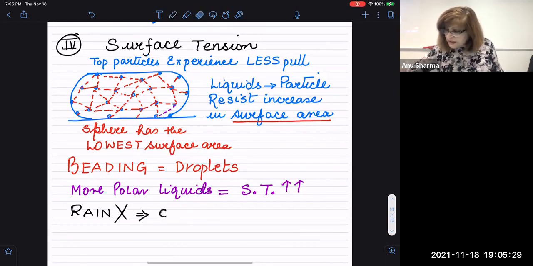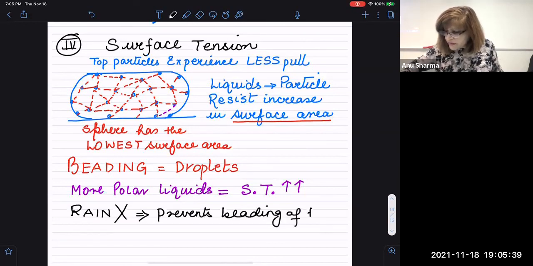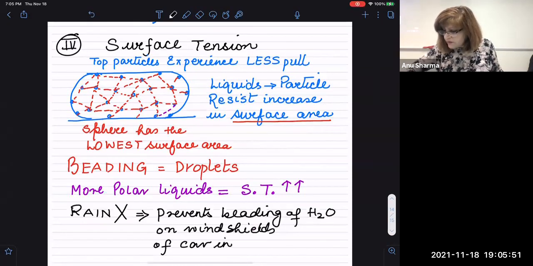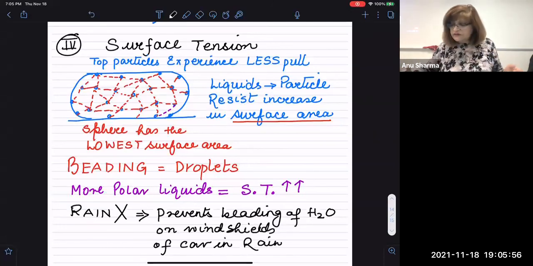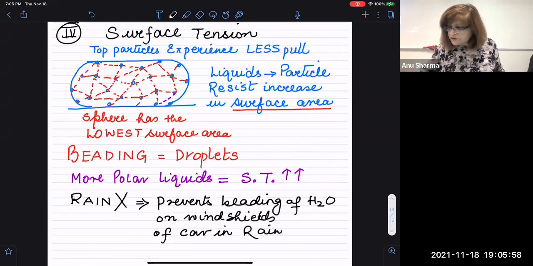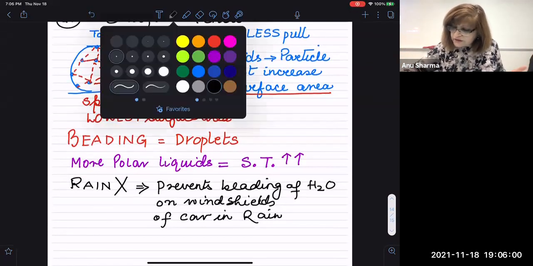It prevents the beading of water, like droplets, on the windshields of cars in rainy season, so that you can see clear. Otherwise, water droplets keep sticking to the glass surface. Glass is polar, water is polar. It's a very bad state. So that's the surface tension.